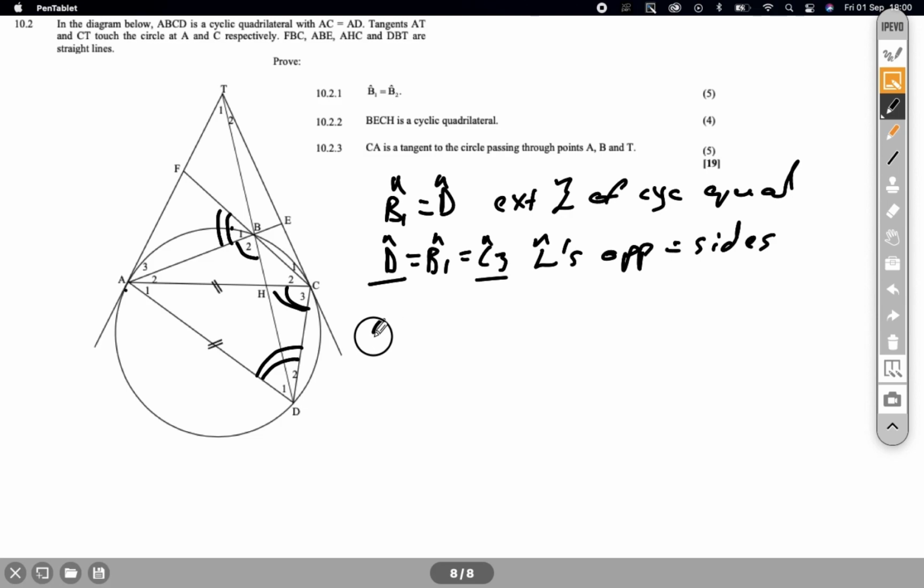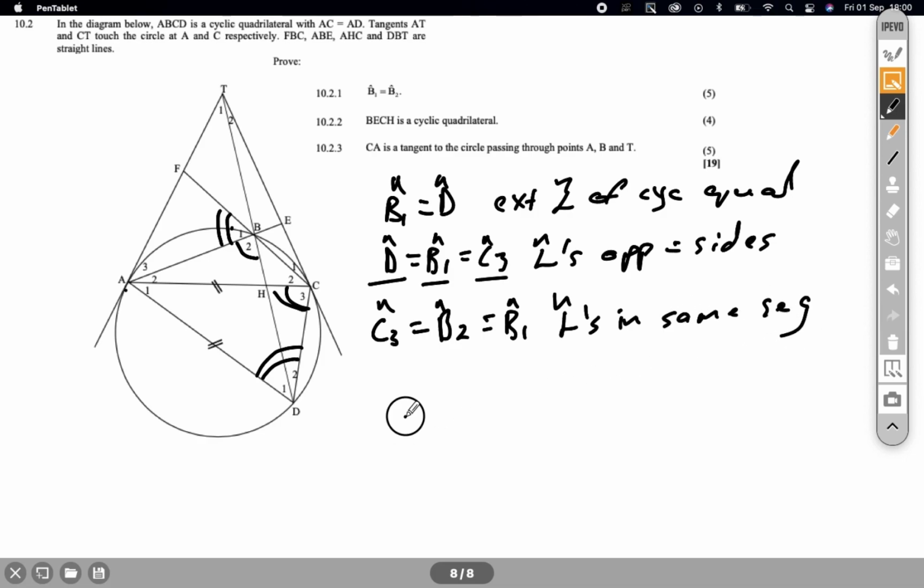So C3 is equal to B2, but now C3 is also equal to B1, remember? And then we can say angles in same segment. Therefore, B1 is equal to B2.